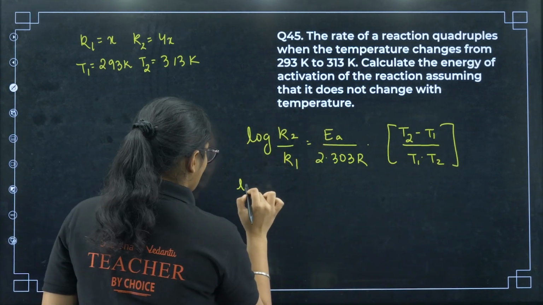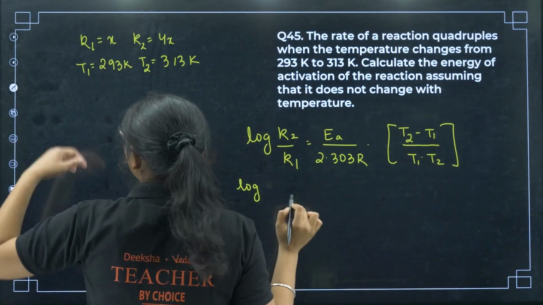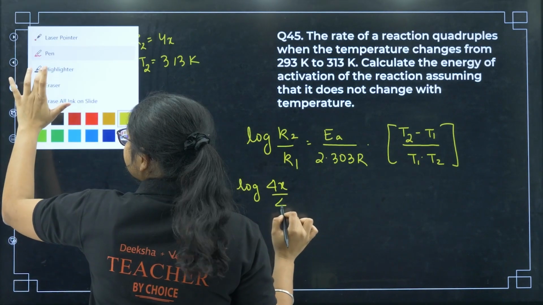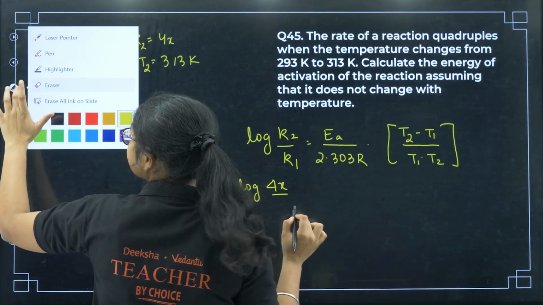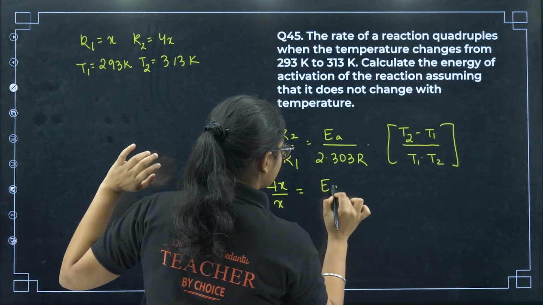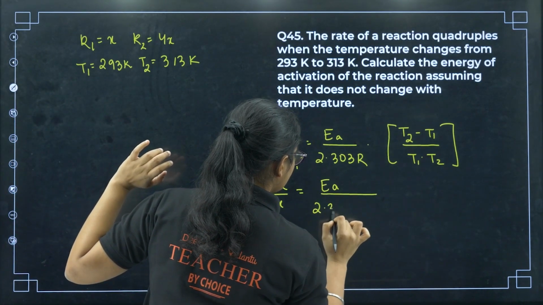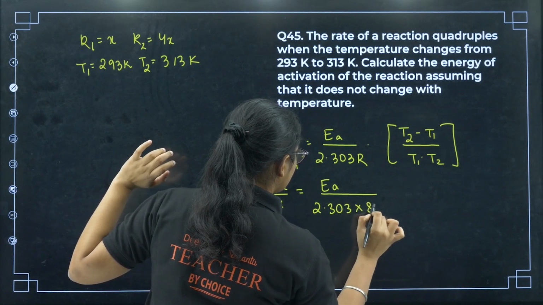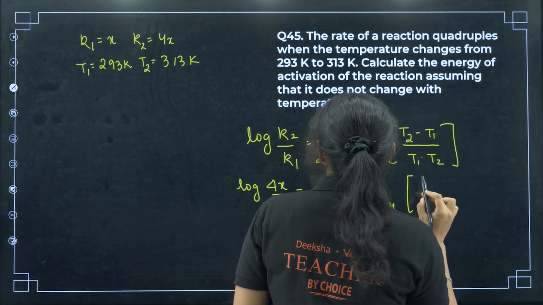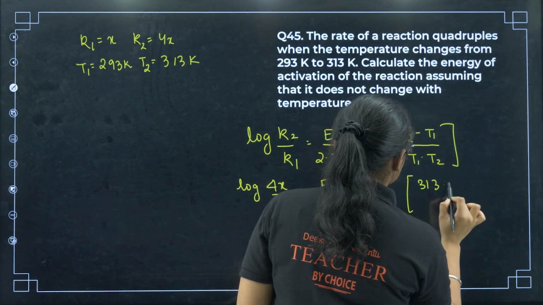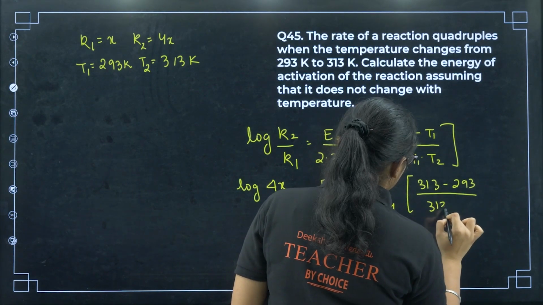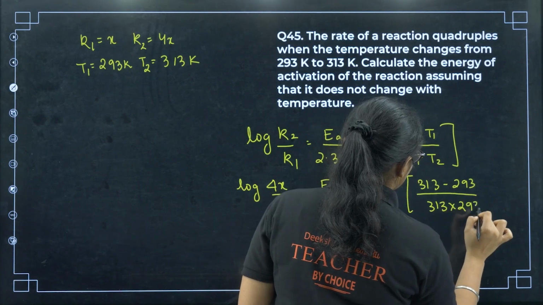Now if I write here log of K2 by K1 means log of 4x by x, is equal to Ea, which I have to calculate, by 2.303 into 8.314, into T2 minus T1, that is 313 minus 293, divided by 313 into 293.